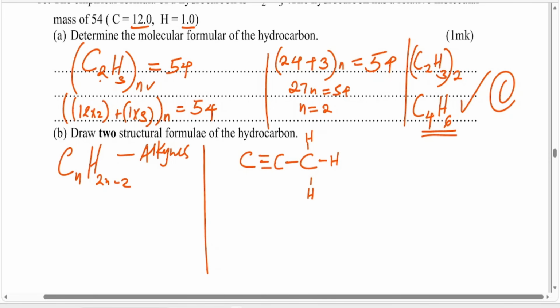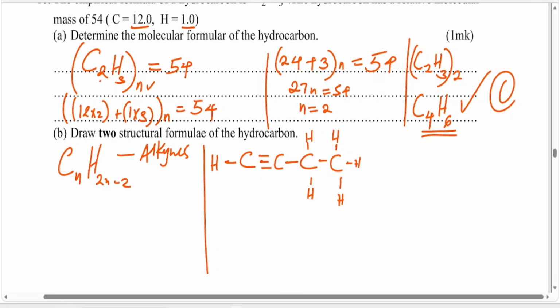So we need 6 hydrogens. Remember the carbons are supposed to have 4 bonds, so we have another carbon at this point. So we have hydrogen, hydrogen, hydrogen. So that is the first structural formula of the hydrocarbon.